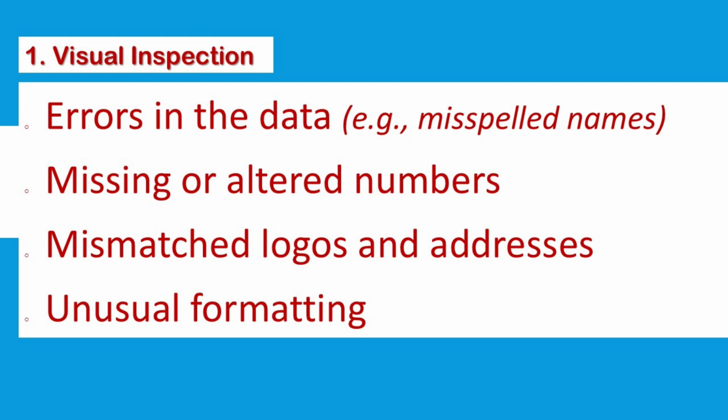Then another thing we look for, number two, is missing or altered numbers. Because most of the time, when forgers are trying to forge any document, the purpose of the document is what they focus on.